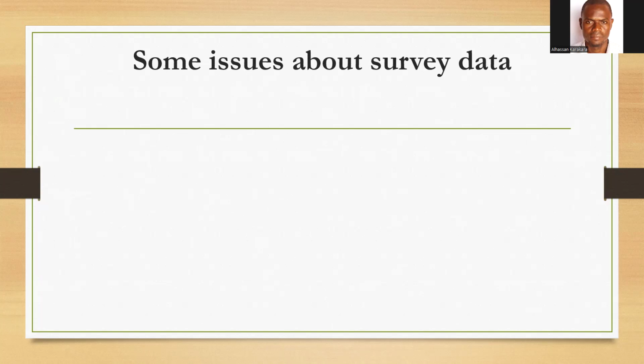So some issues that you need to take into account on survey data. First is to explore the data to see whether there are missing observations of interest, that is, the variables that you want to employ in your model. Go through the data to see whether there are missing observations.